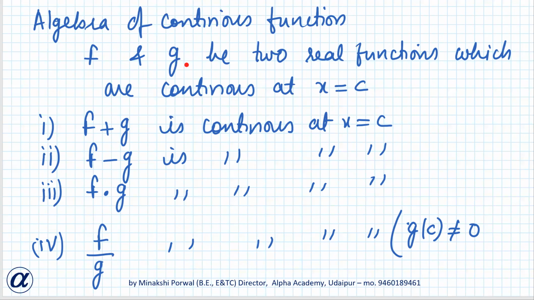Basically, if f and g are two functions, their sum, difference and product will be continuous, and their division will also be continuous, except where g is equal to 0, where the function will not be defined. Is it clear?